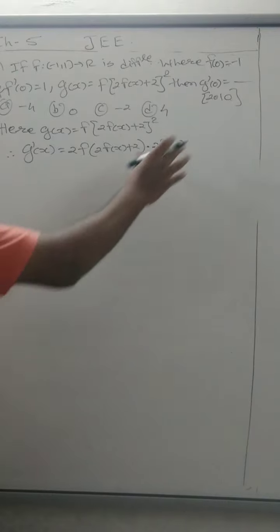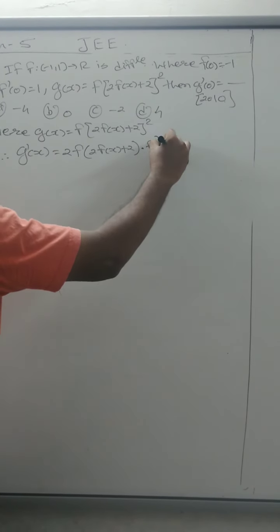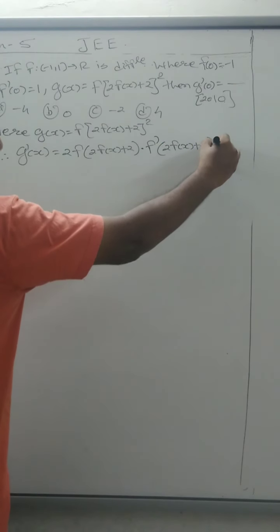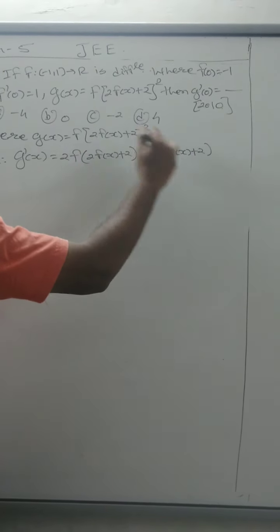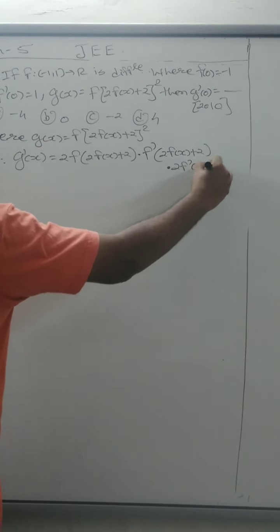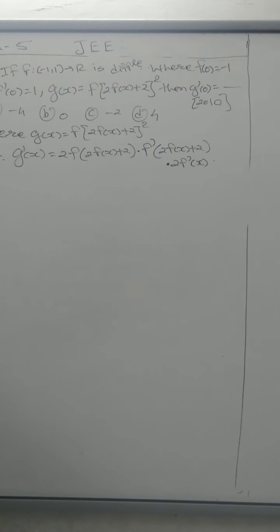This is for this and this is f dash of 2fx plus 2 into this result, d upon dx of this, which means 2f dash x is there. Okay, so whole limit is 2fx plus 2 into f dash 2fx plus 2 into 2f dash x.